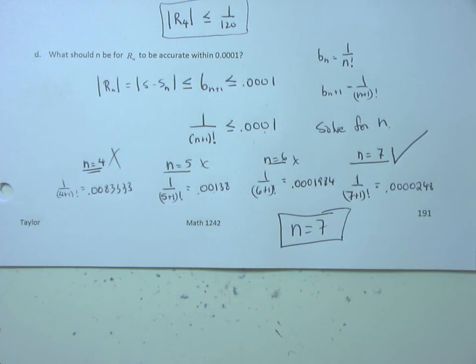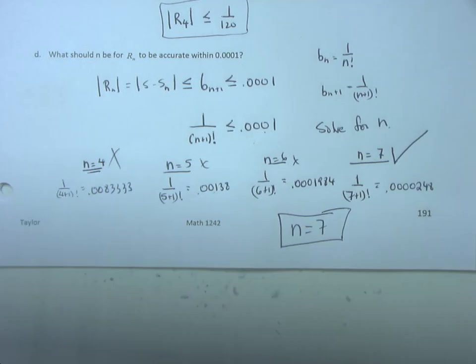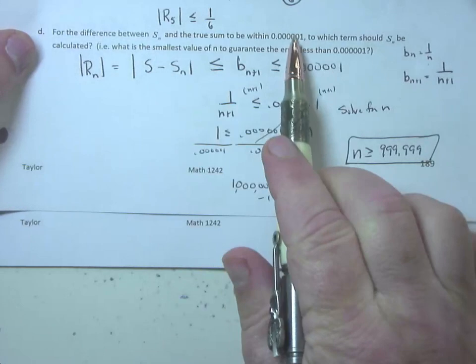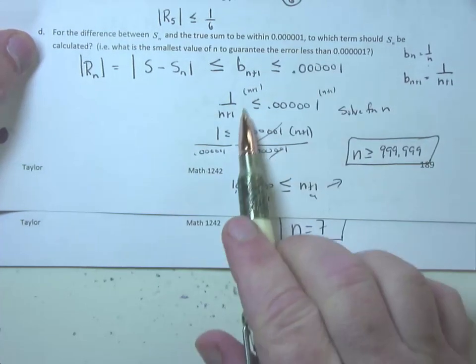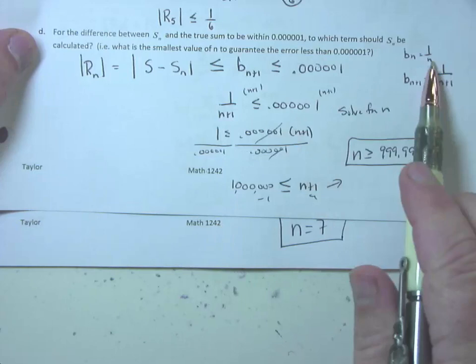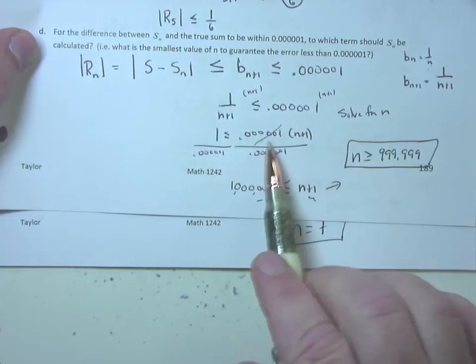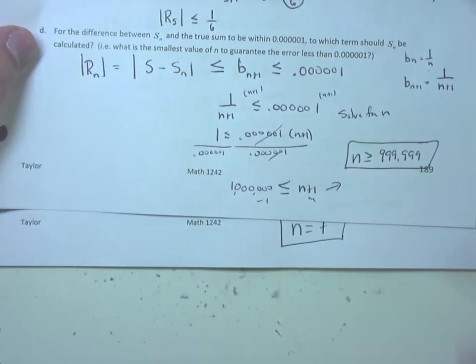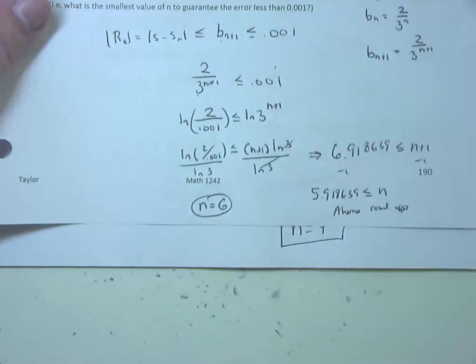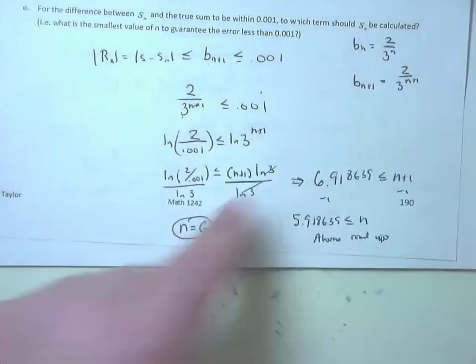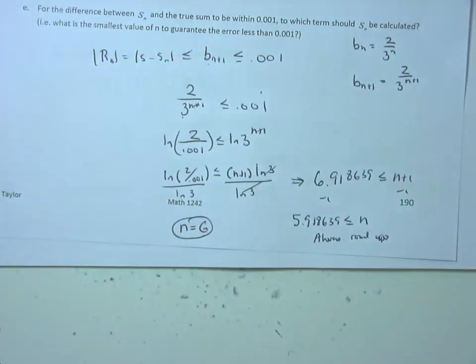Again, if you go back and look at the problems that we did before, the first problem we did with this stuff, when we're trying to find n to be this kind of tolerance, this was just 1 over n, so your bn was 1 over n, so bn plus 1. This was a straight, easy cross multiply and divide and solve for n type thing. The one that was a little more painful was when we had a geometric series, and I wanted to use my alternating series estimation error bound formula for this.